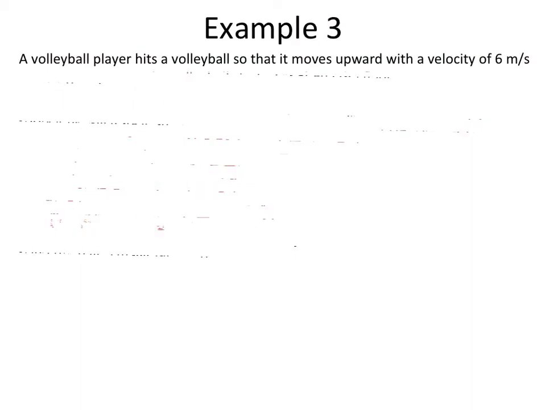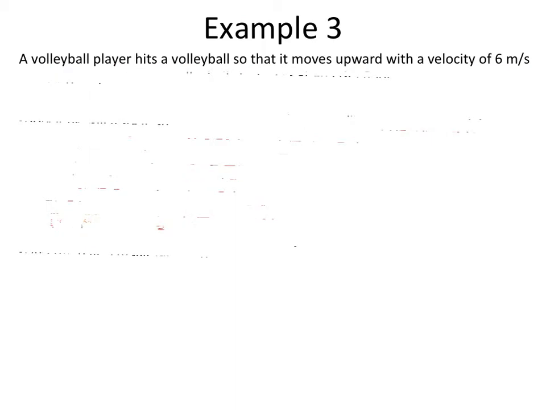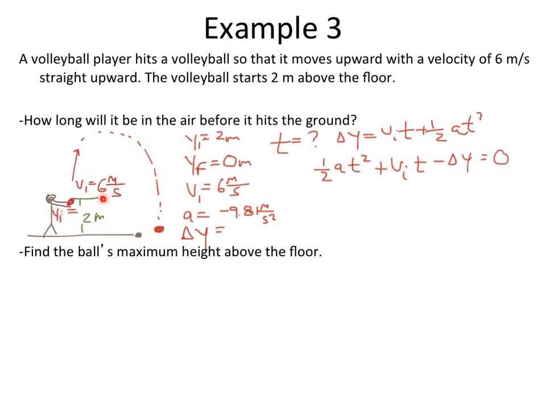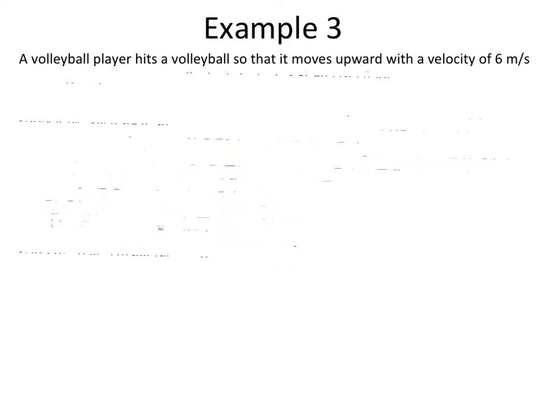So I'm going to say 1/2 acceleration times time squared plus initial velocity times time minus our change in y equals 0. In fact, while we're at it, why don't we figure out delta y right here? What is our change in y? It starts at 2 and it goes up and then it ends at 0. So that's really 0 minus 2, or rather, it displaces negative 2 meters.